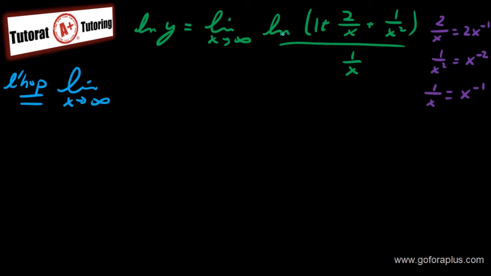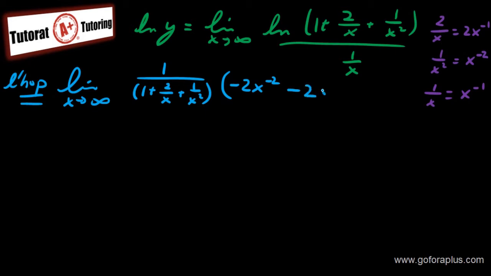Again, on top, the derivative of ln is 1 over whatever is inside the bracket, times the derivative inside the bracket, where the first term is 0, the second term is minus 2x to the power of minus 2, and the derivative of 1 over x squared is minus 2x to the minus 3. This is on top, right? This is multiplied over the derivative of 1 over x, which is minus x to the minus 2. So this is my derivative.